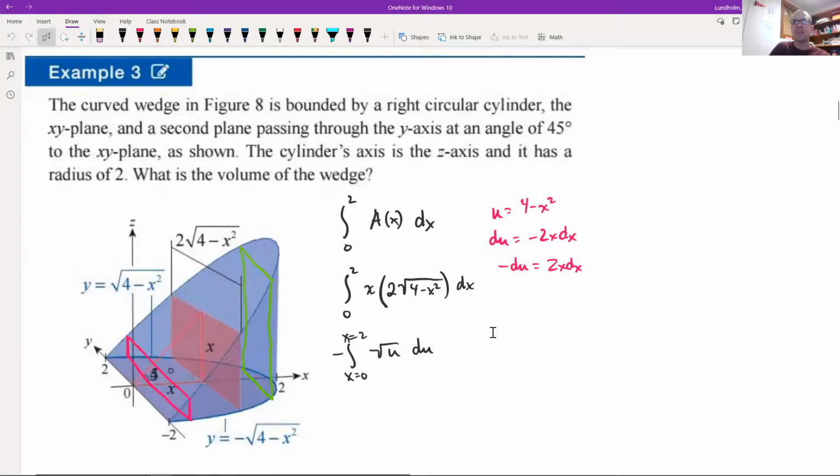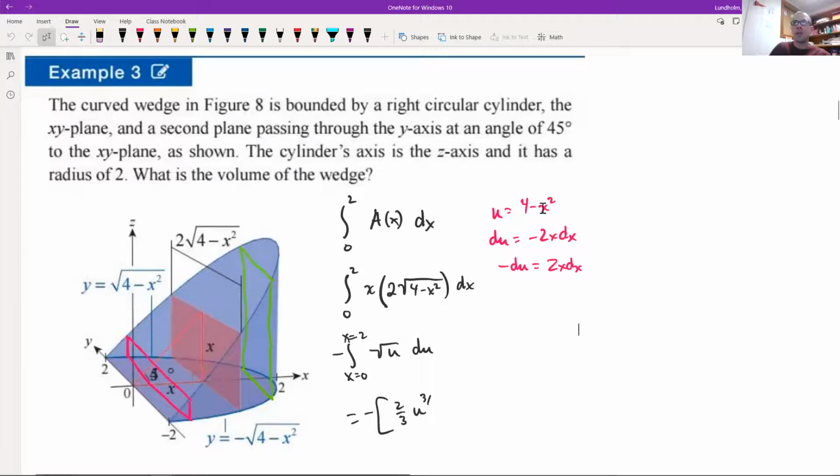Okay, that looks pretty good so far. Now I want to take an antiderivative, and I'm normally one who likes to change my bounds into terms of u as well. So we add 1 to the exponent and divide by that. So 2/3 u to the 3/2.